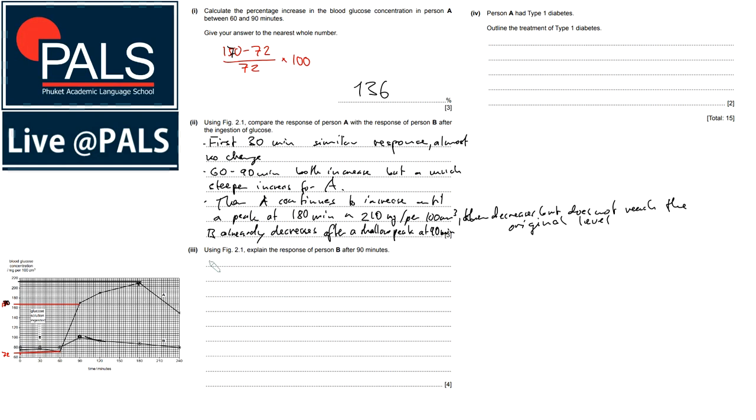And so for person B, the increase of blood glucose level causes the secretion of insulin by the pancreas into the blood.